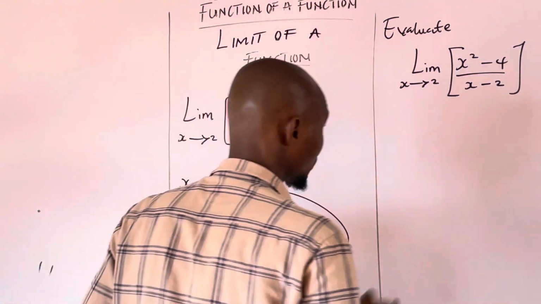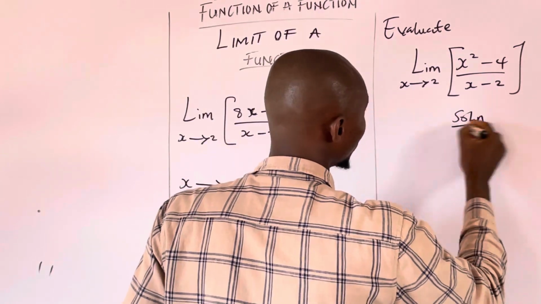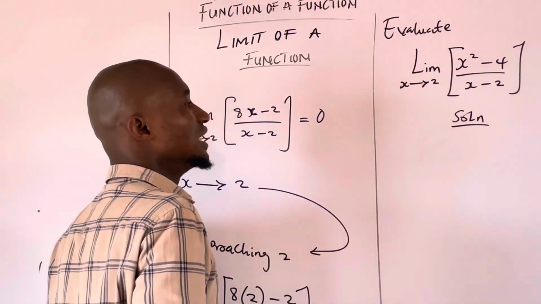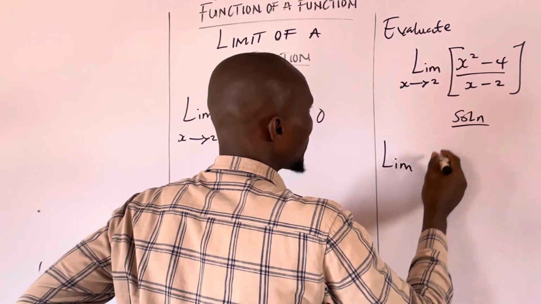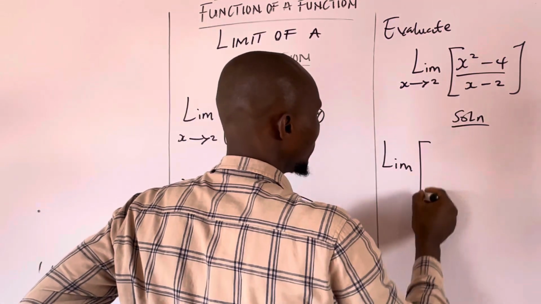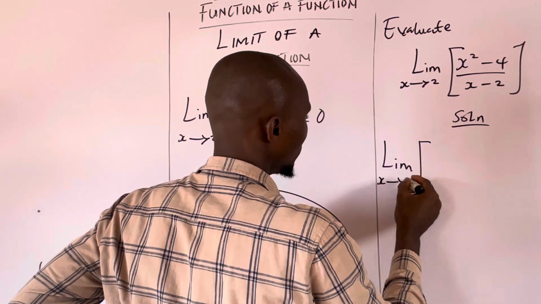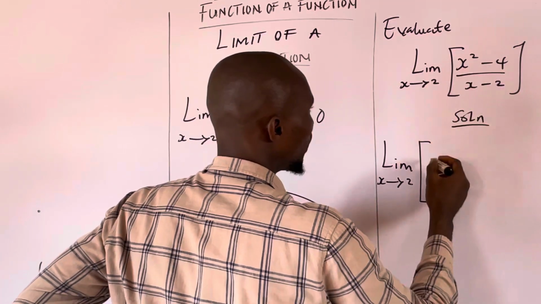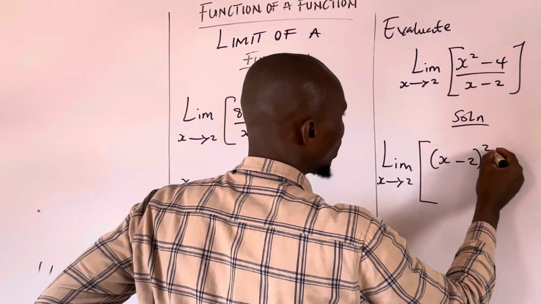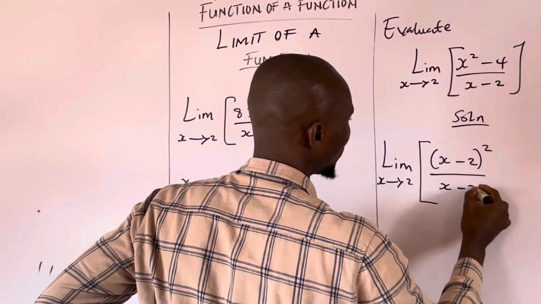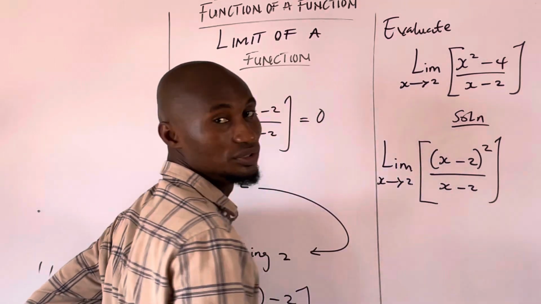It's very simple. First of all, solution. One thing I wanted you to know is that this x square minus 4 over x minus 2, you get?